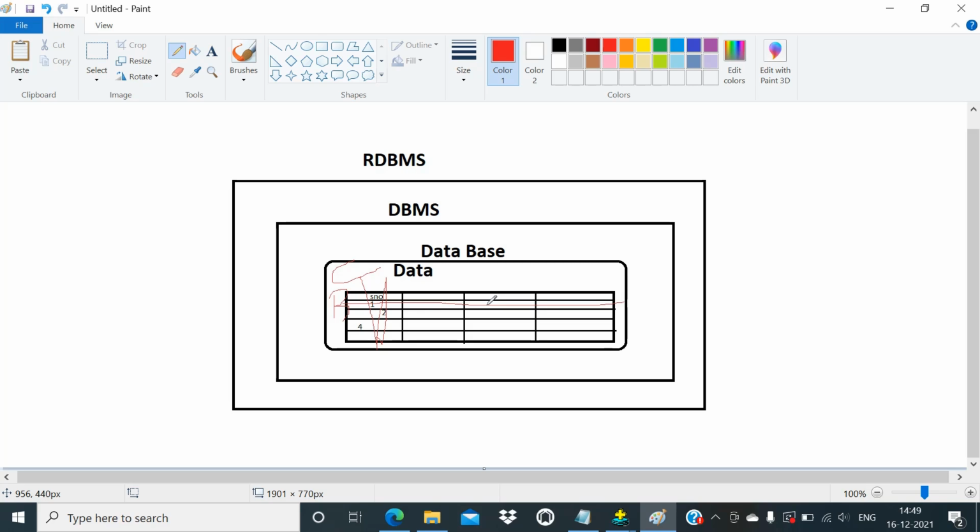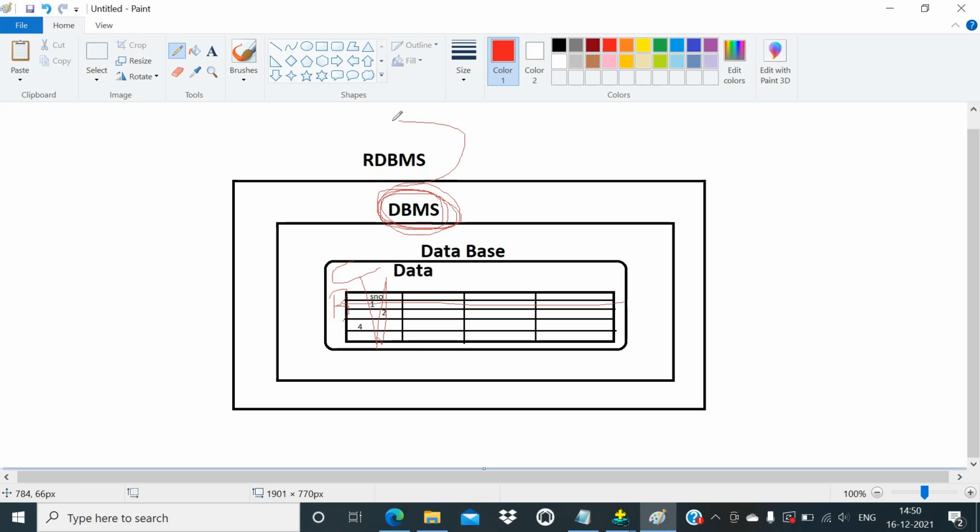That is the reason why I am telling very clearly. So data is stored in form of rows and columns. The place where data will be stored is known as database. So we use a software to maintain and manage database, called database management system. Here we use query language to communicate with database.